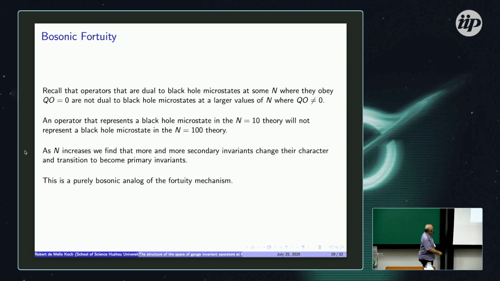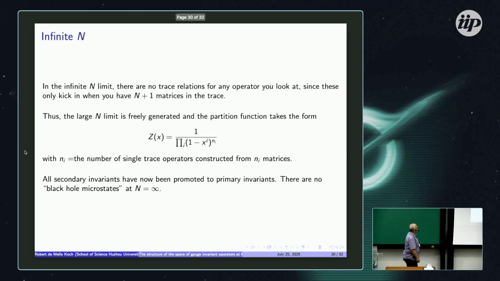And so we think about this as a purely bosonic analog of the fortuity mechanism. And in fact, if you look at the infinite n partition function, at infinite n there are no trace relations, because you have to have an infinite number plus 1 matrices inside the trace. So in that case, the partition function is freely generated, and you can see that all of the secondary invariants that used to appear in the numerator have changed character and become primary invariants.